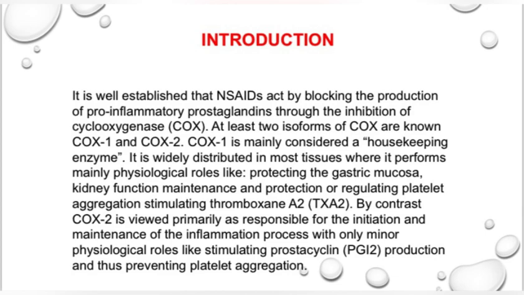It is widely distributed in most tissues where it performs mainly physiological roles like protecting the gastric mucosa, kidney function maintenance, and regulation of platelet aggregation, stimulating thromboxane A2, TXA2.